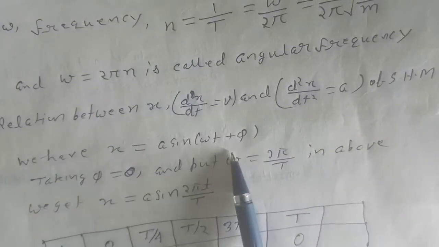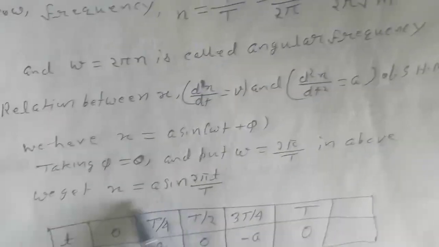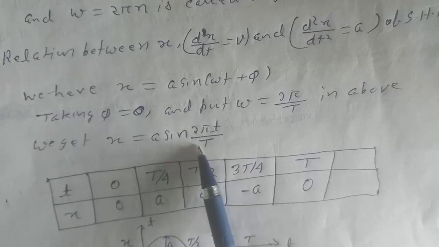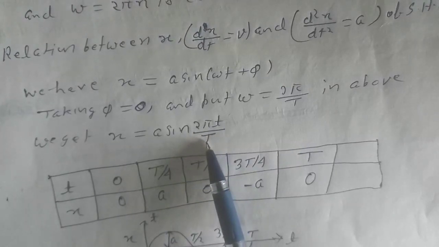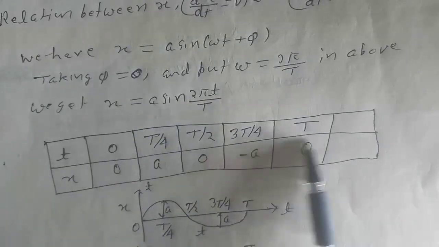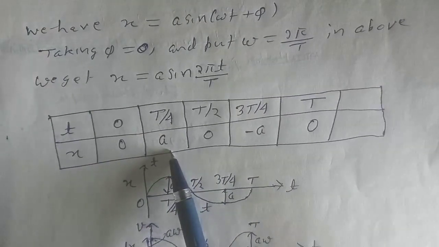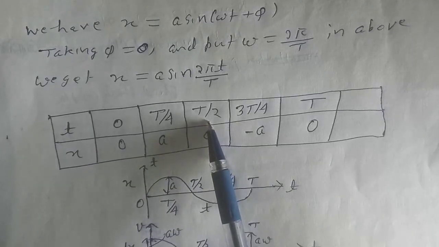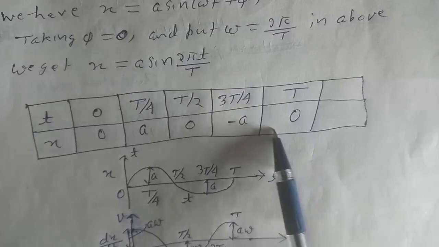We have x = a sin(ωt + φ), or taking φ = 0 for simplicity and putting ω = 2π/T in the above equation, we get x = a sin(2π t/T). Now drawing the table of different values of t and x, we get: at t = 0 displacement is 0; at t = T/4 the displacement is maximum, that is +a; at t = T/2, half the time period, displacement is again 0; at t = 3T/4 displacement is negative; and in the whole time period T displacement becomes 0.